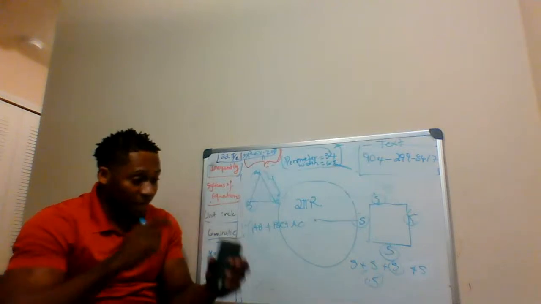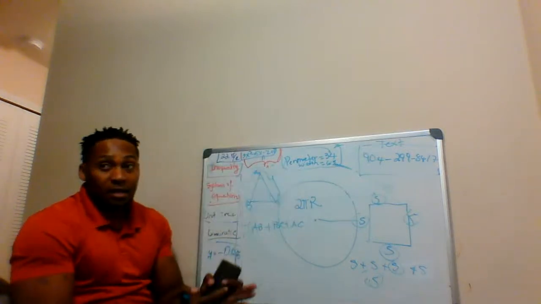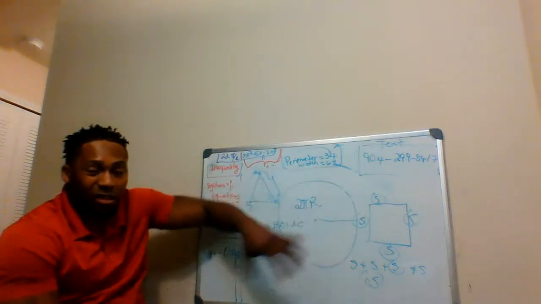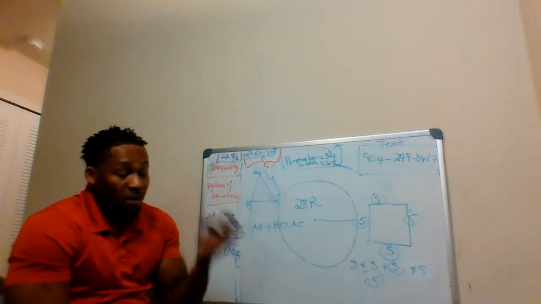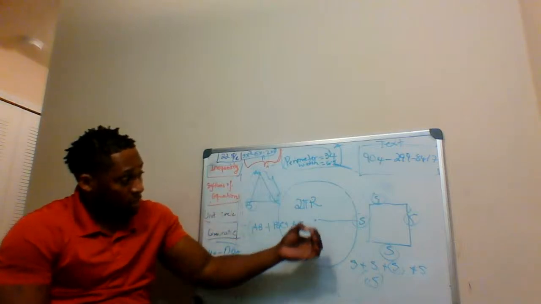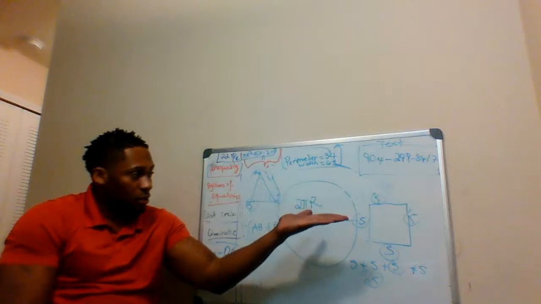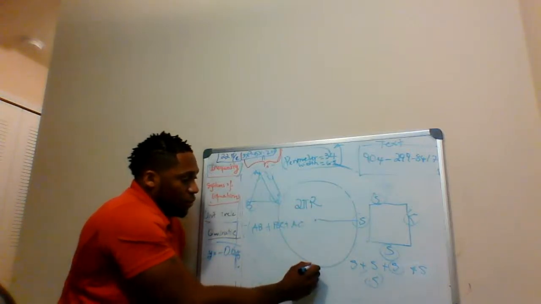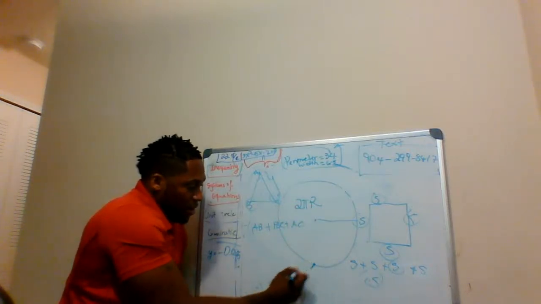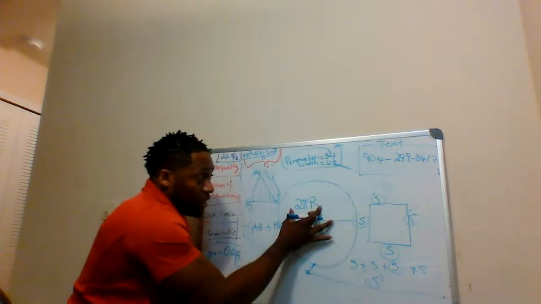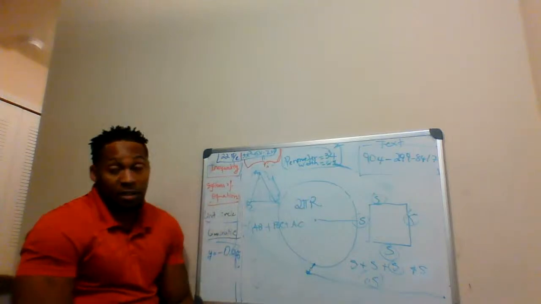Perimeter is like adding the lengths of the outside sides. In a circle it's a little harder to see, but if you cut the circle open and unfold it into a long line and measure it, the length is going to be 2 times pi times the radius.